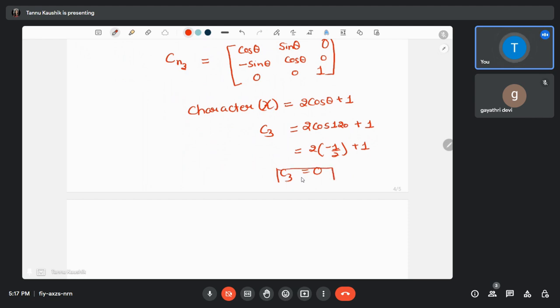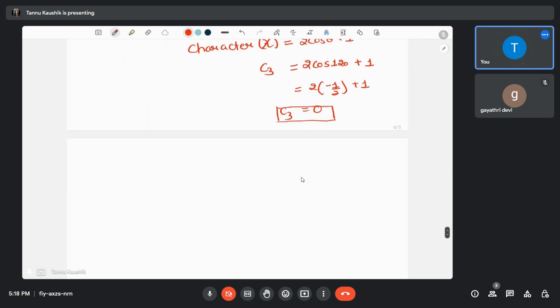So as we have mentioned in the above table, it is 0. So you can directly find out the character of a particular matrix system.